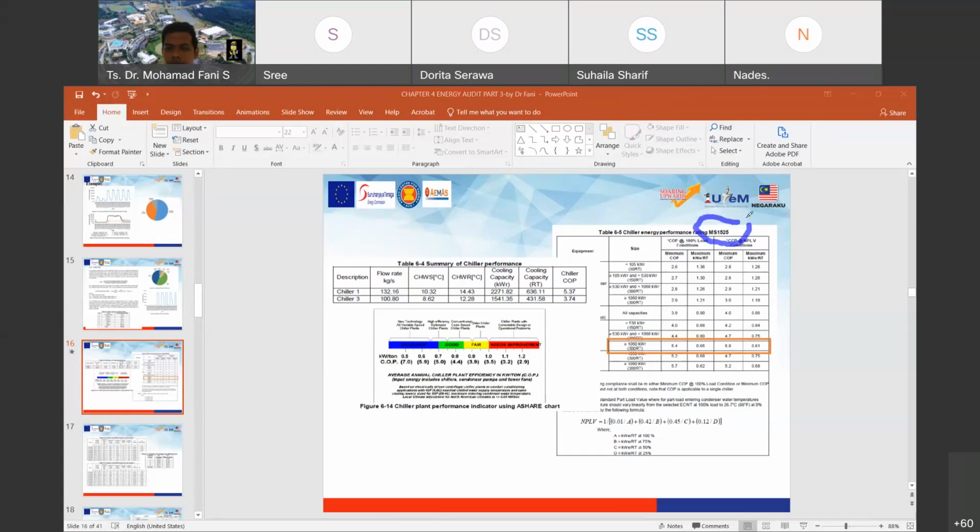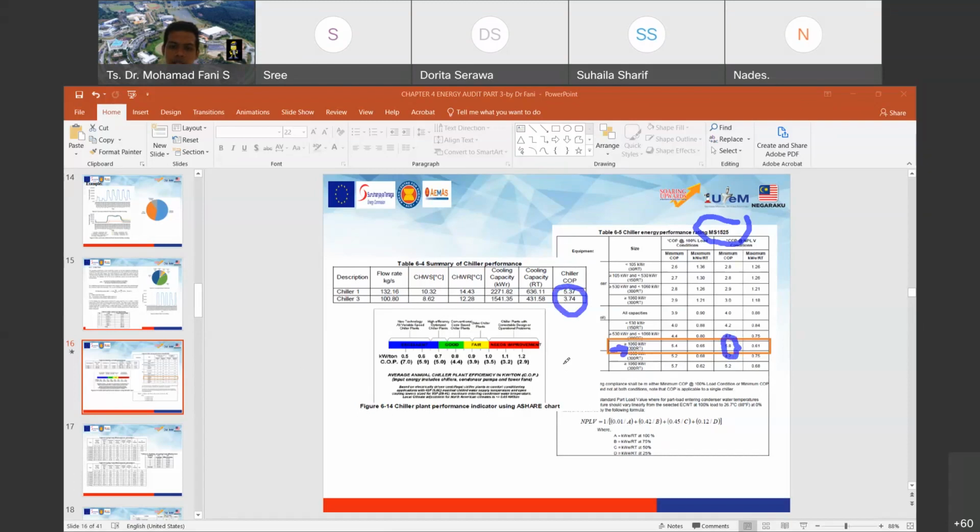MS 1525. Okay. So what does the standard say for the chiller with the 300 refrigerant ton? Okay. For example, minimum COP required is 5.8. So this one, chiller COP is under efficiency.